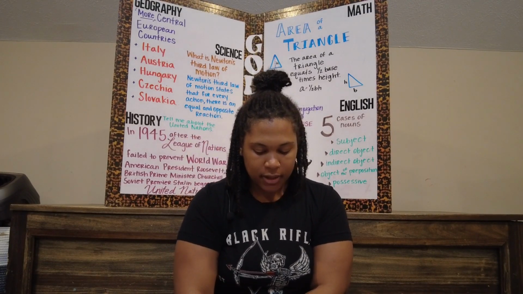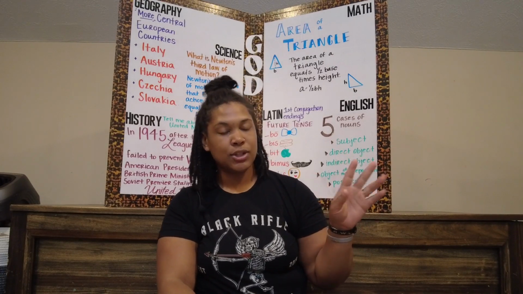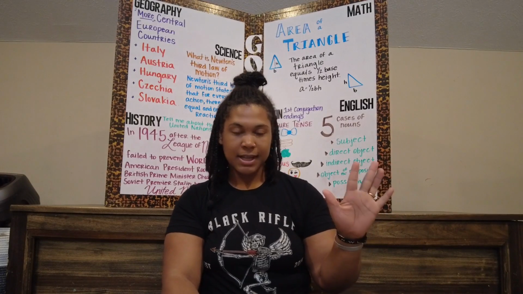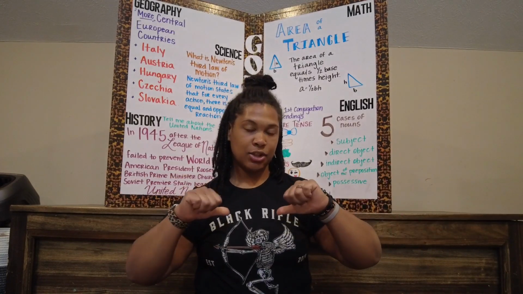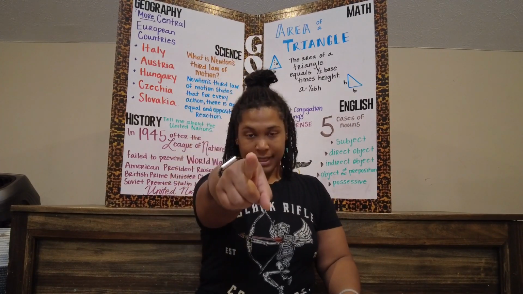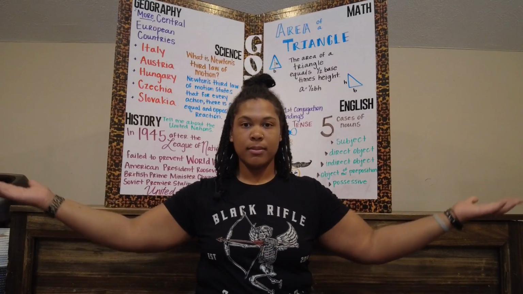Then for English this week, we learned the 5 cases of nouns. And so I showed you 2 different ways that we could do this. The first one was 5 cases of nouns. We're going to do subject, you point to yourself. Direct object, you point directly at someone. Indirect object, you're just going to move your arms around.